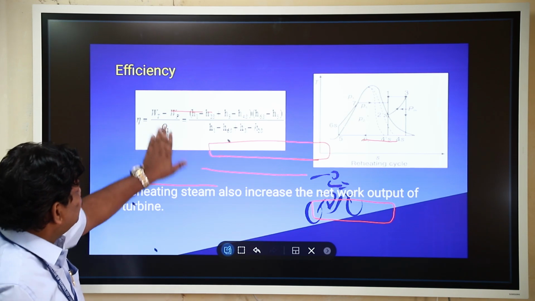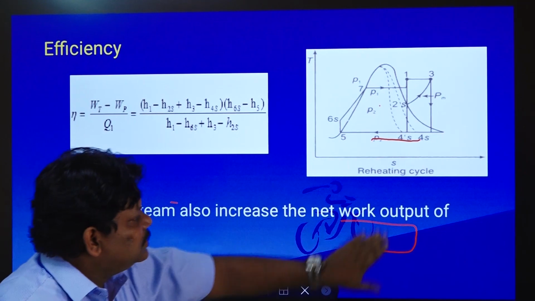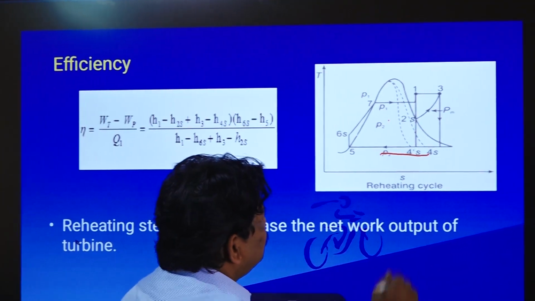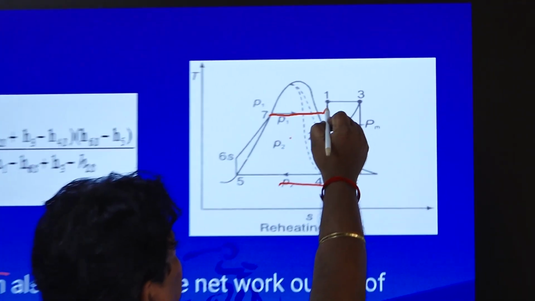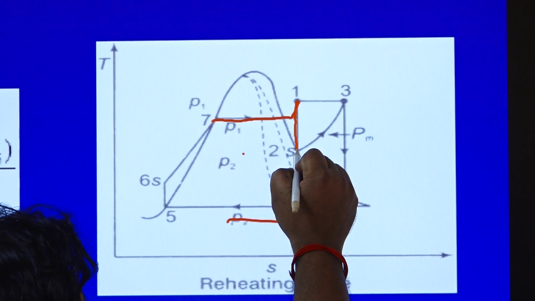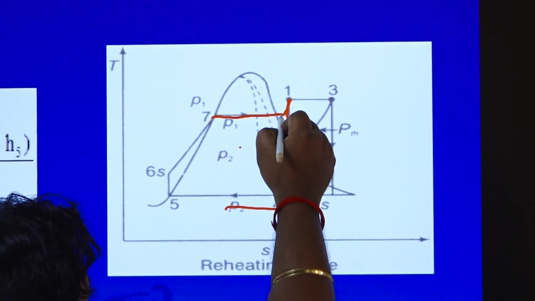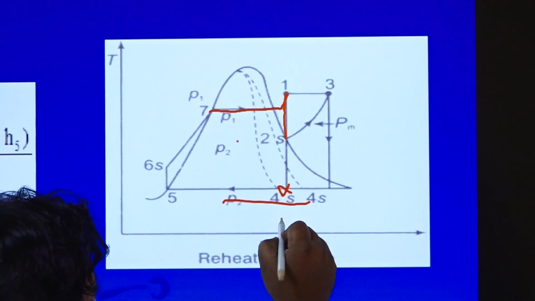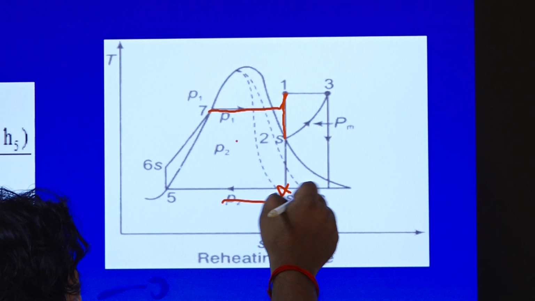So you can see here, this is the diagram which represents the reheating cycle. In the earlier stages, the line goes straight, which means the entropy remains constant, that is S1 is equal to S2.